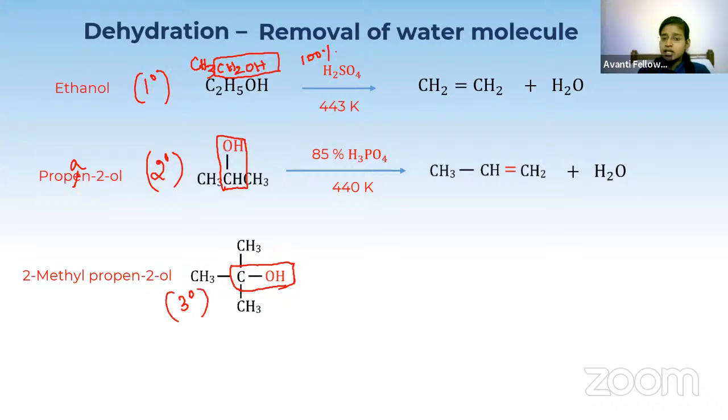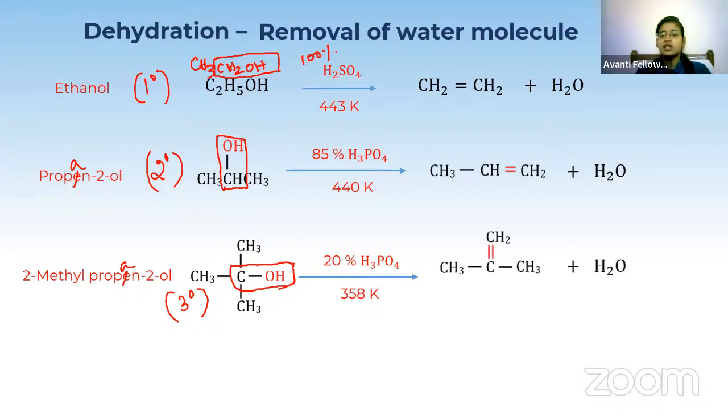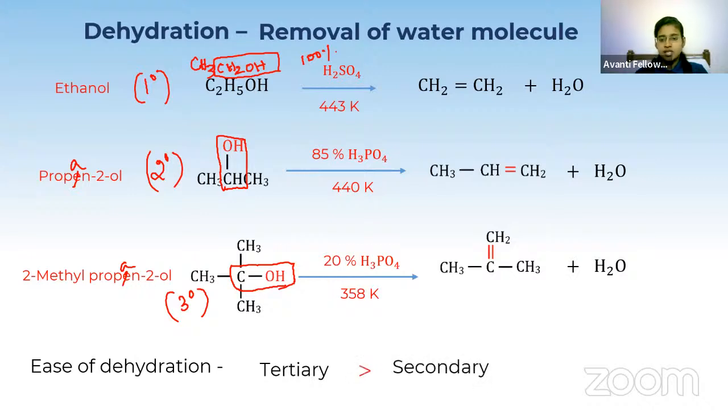So if I take a tertiary alcohol, that is 2-methylpropan-2-ol, just 20% H3PO4 as the dehydrating agent is enough, and at low temperature it is capable of producing the alkene, and water is eliminated. So what is the ease of dehydration? Tertiary alcohols can easily give out the water molecule, more than secondary alcohols, than primary alcohols.